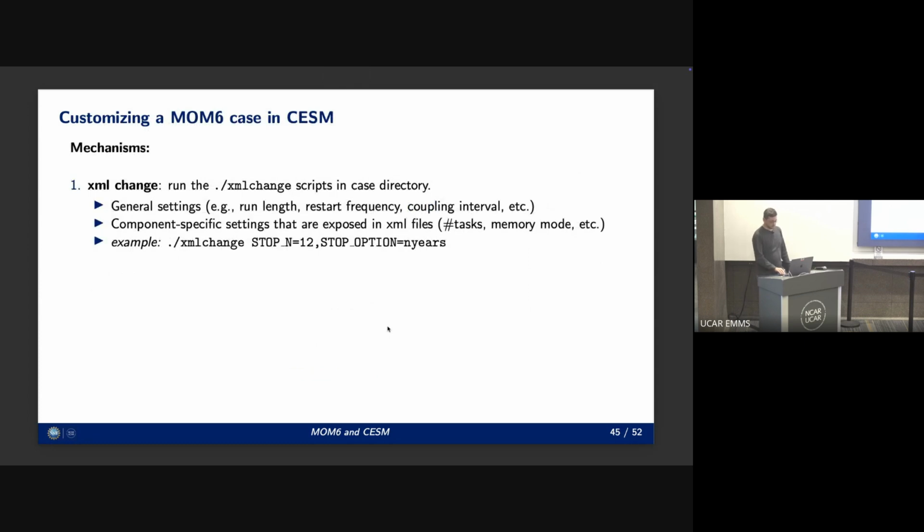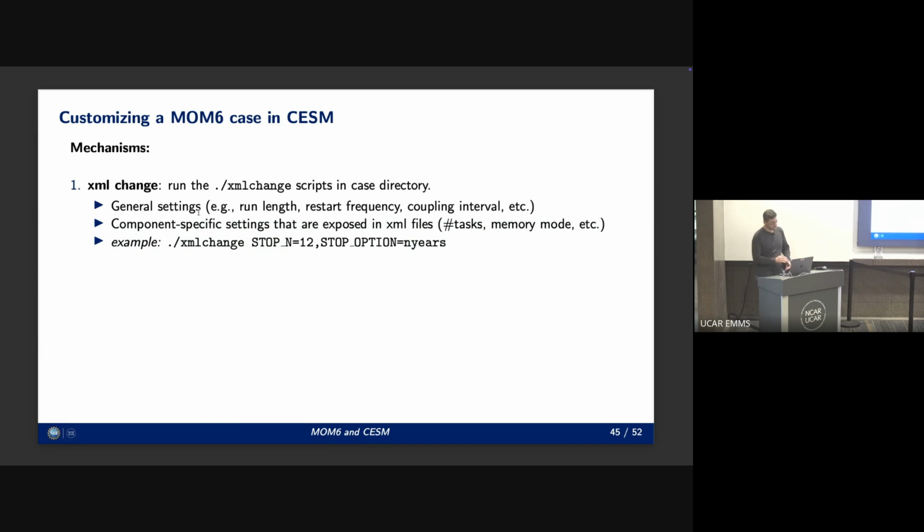So I'll also talk briefly about how to customize cases in CESM. There are three mechanisms. The first mechanism is the XML change mechanism, which I briefly mentioned. And it's quite easy to make changes in your cases using this mechanism. All you have to do is run xmlchange, and then you specify your variable name and enter the new value.